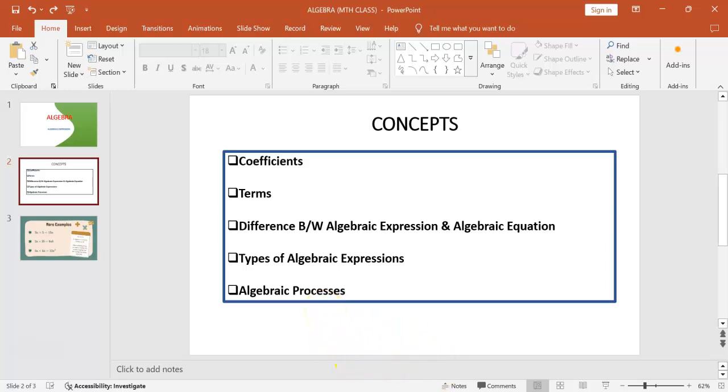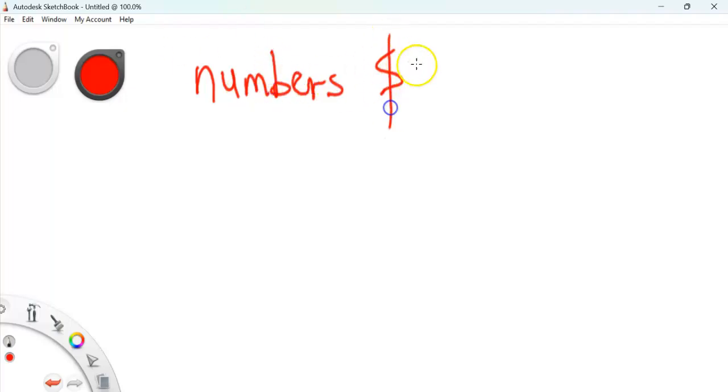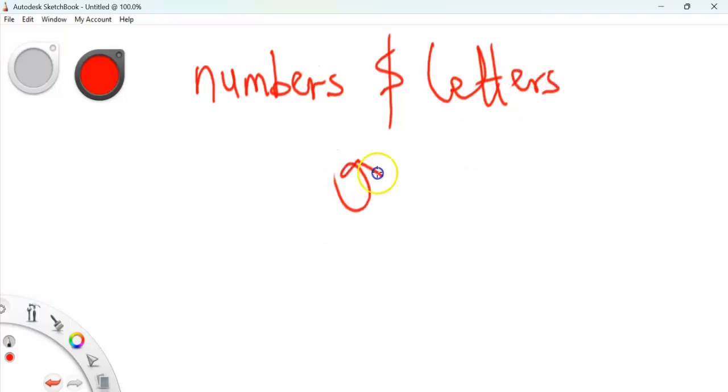When you hear algebra, just know that it's an aspect of mathematics that deals with numbers and letters. Or you can say they can as well deal with letters only.